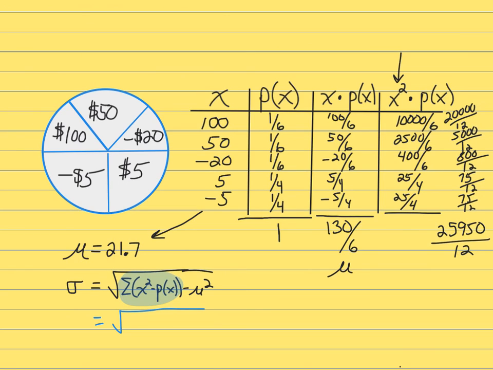Did I do this wrong? Yeah, I did it wrong before. 25,950 divided by 12 is 2162.5.